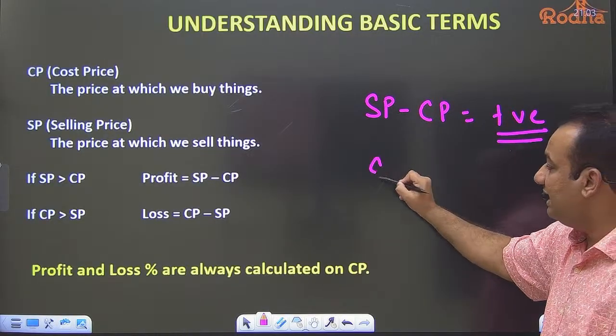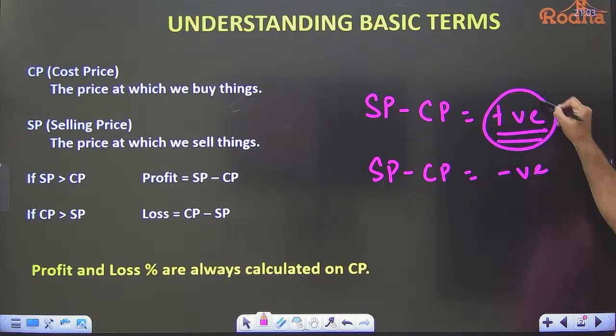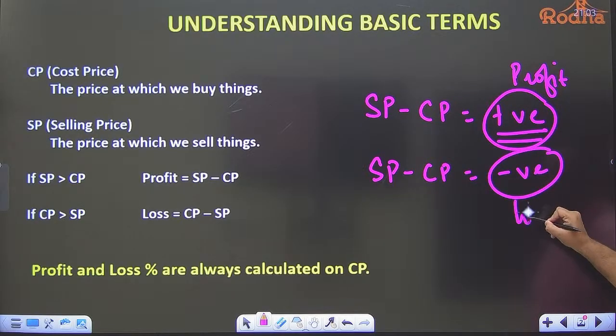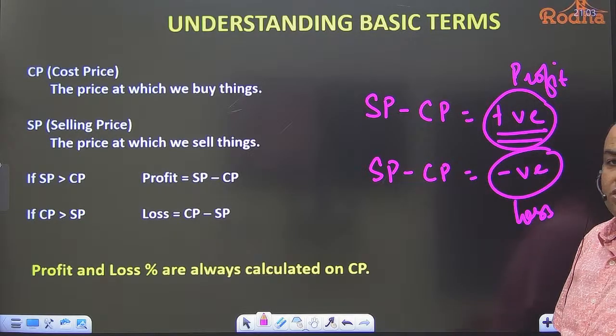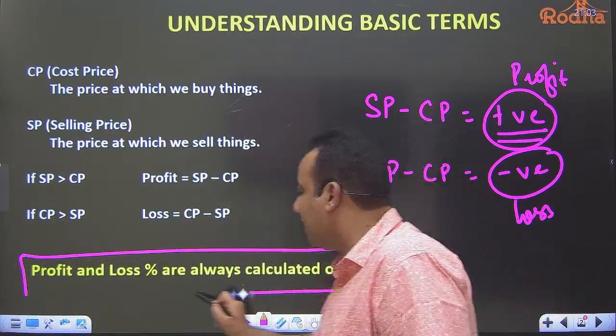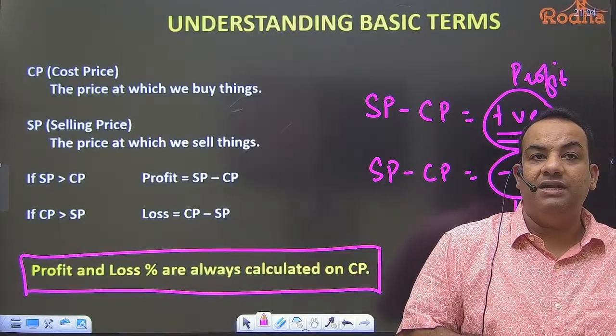If it is negative, it means loss. So positive denotes profit, negative denotes loss. You have to focus on SP and CP. The most important thing is profit and loss percentages are calculated on CP.